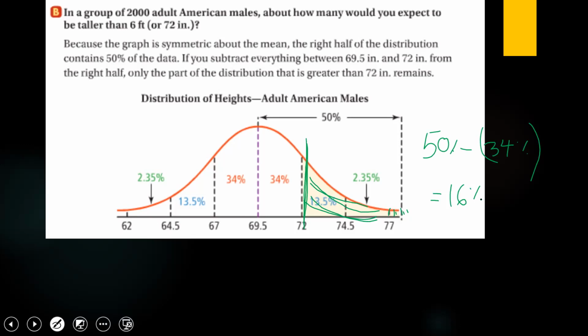But the question is how many? Since he asked how many, you have to multiply the percent by the number of males, which is 2,000.